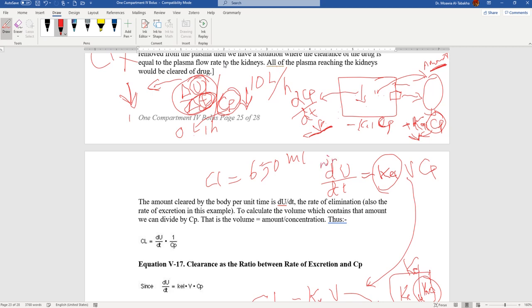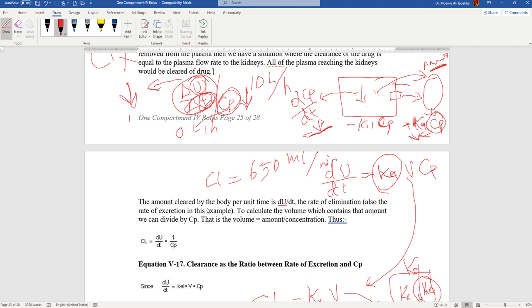What does it mean? Okay, it means that any of the drug that reaches the kidney gets removed directly. It's done, it goes out and doesn't return. Nothing comes back to the blood.